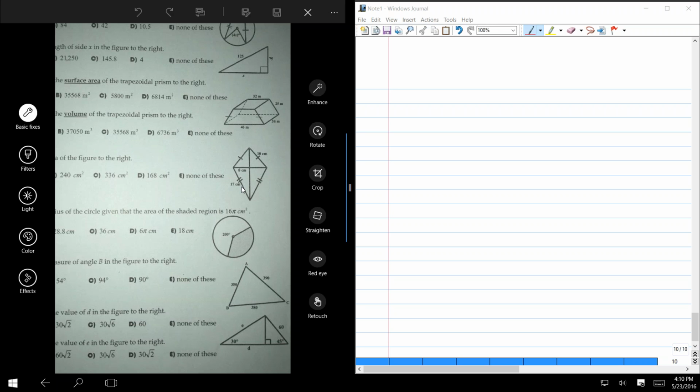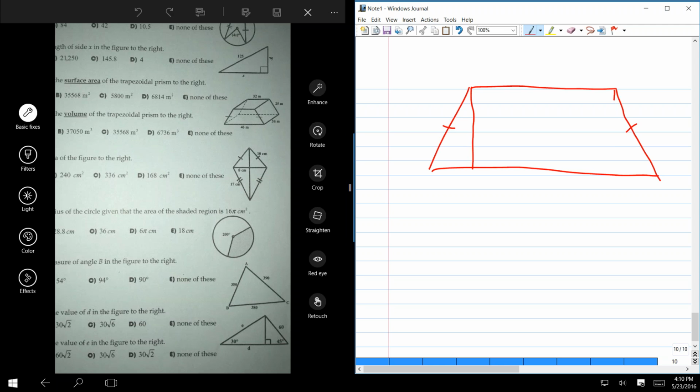But they gave us an isosceles trapezoid. If we look at that front face, as long as it's an isosceles trapezoid, that gives us a lot of information, because now we can figure out these little triangles. In other words, that's 32 and that's 46.